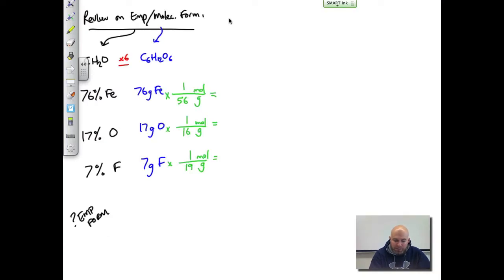What did I get? 1.36 moles of iron, 1.06 moles of oxygen, and 0.37 moles of fluorine. I'm a big fan of writing the whole label out because I still have moles. Notice my grams canceled, but I get moles. I write that out so that I don't think about rounding here.